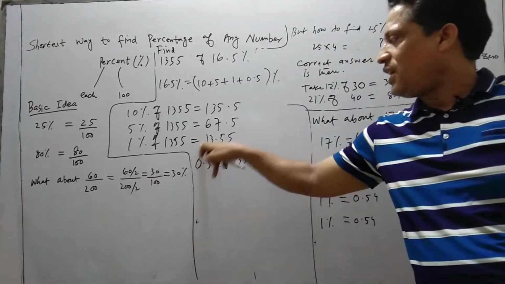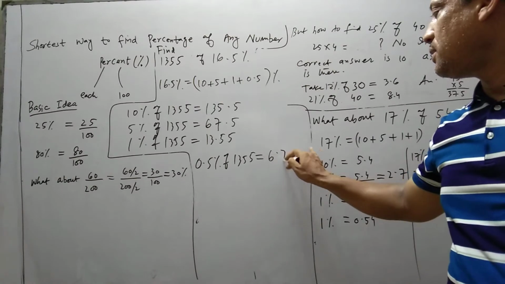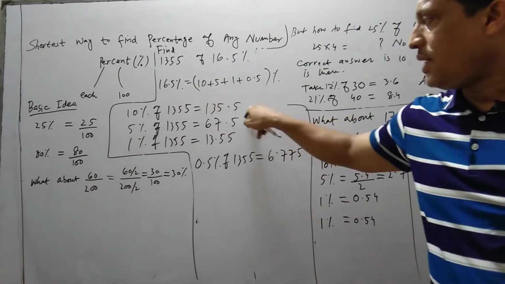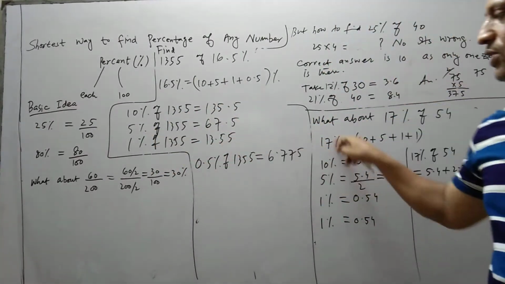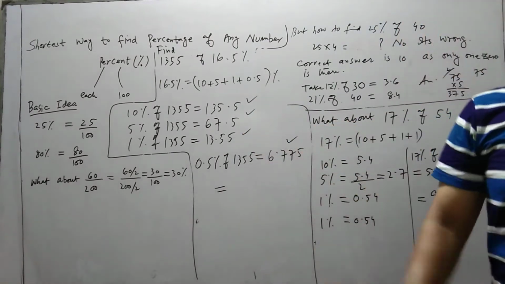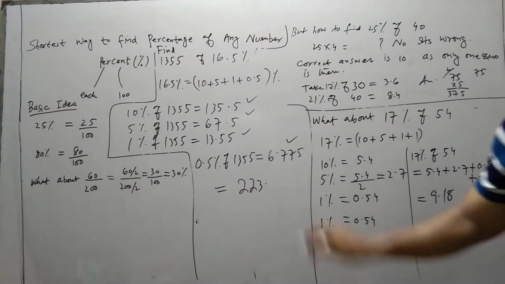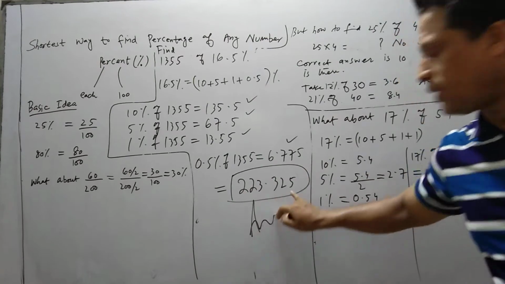So 0.5% is 13.55 divided by 2, and that is 6.775. So 10% of this is this, 5% of this is this, 1% of this is this, and 0.5% of this is this. Add all four answers to get 223.325, and this is your answer.